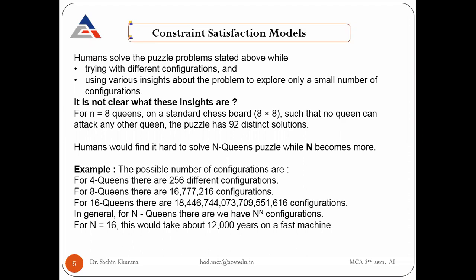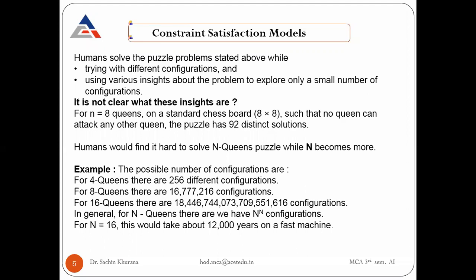Similarly, for 8 queens, there are 16,777,216 configurations, a large number, where you can place the 8 queens on a board in different locations, keeping in mind that we are not considering over here whether any two queens are attacking or not.